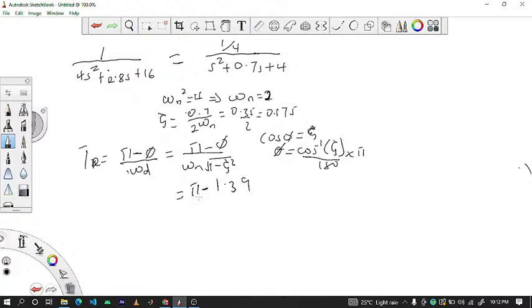Let me leave it like that. All over omega n, which is 2, times square root of 1 minus 0.175 squared. And by computing this, we get our rise time as 0.8895 seconds. All right, so that's rise time.